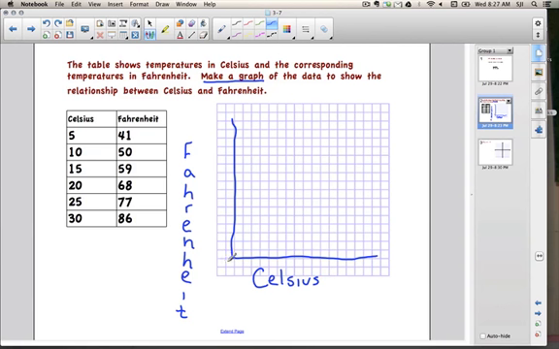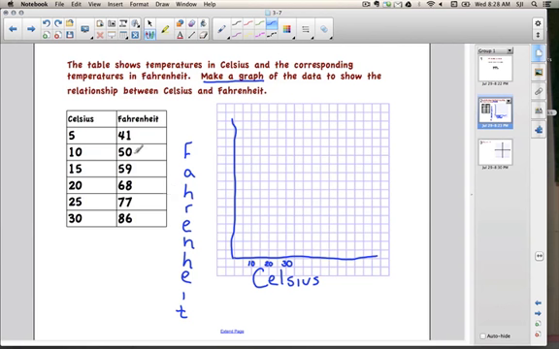So if this is 0, this is going to be 5, and I'll label this one 10. This one's going to be 15, and this one's going to be 20. This one's going to be 25. So right here, this is going to be 30. Notice you don't have to label every single number. You just have to label some of them so you know where the other numbers are going to be.